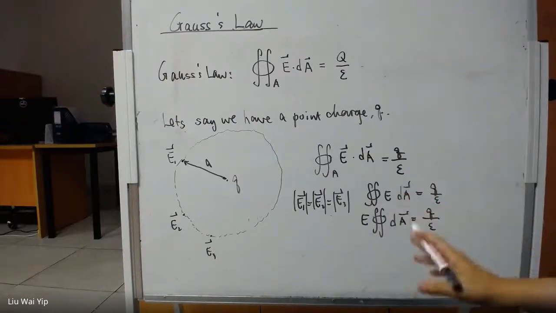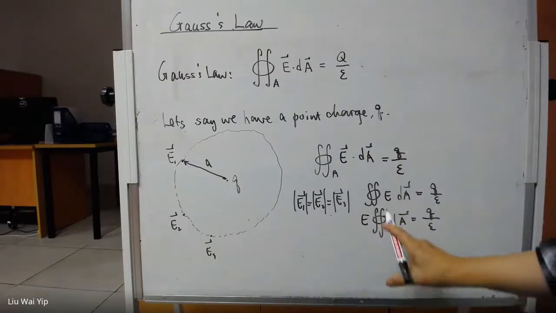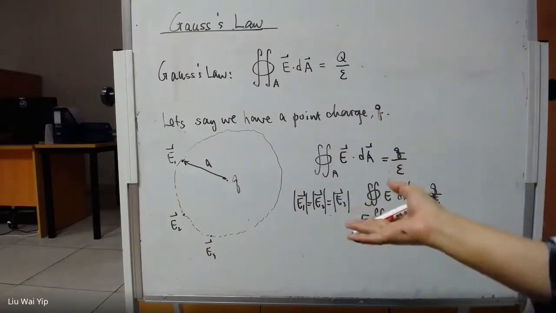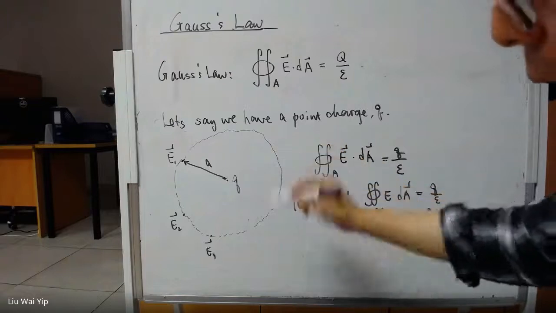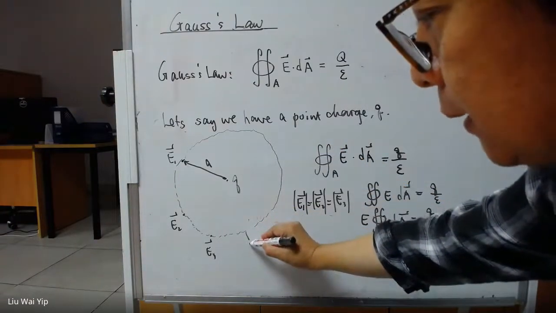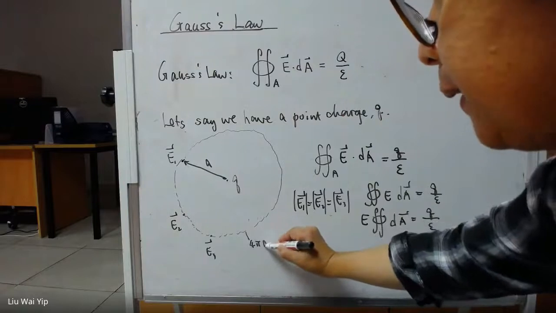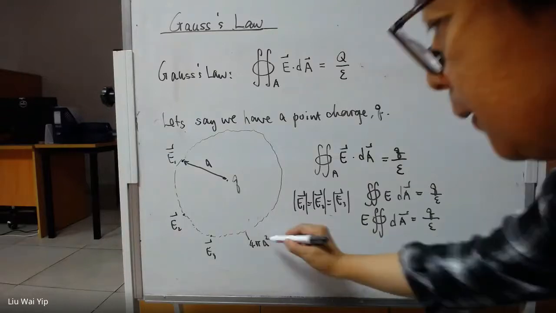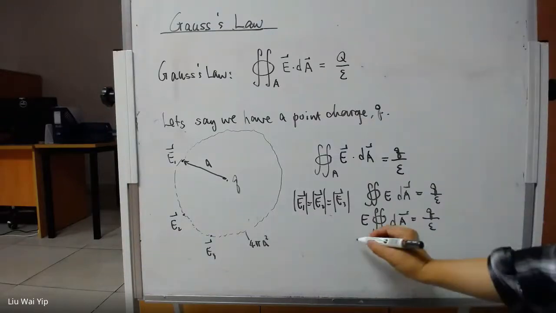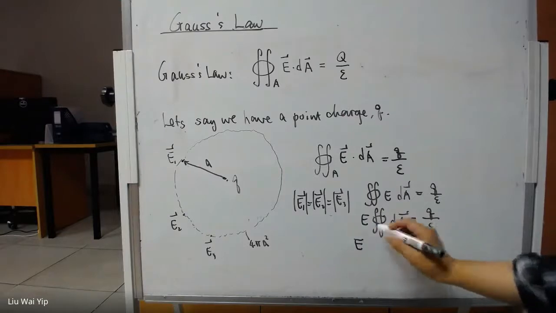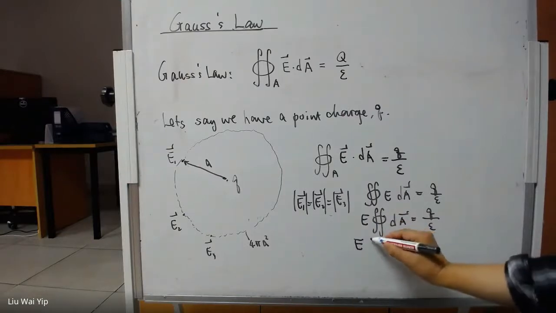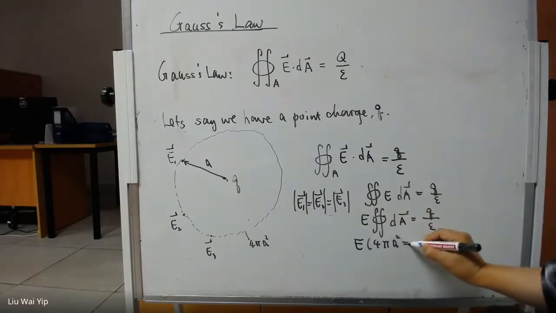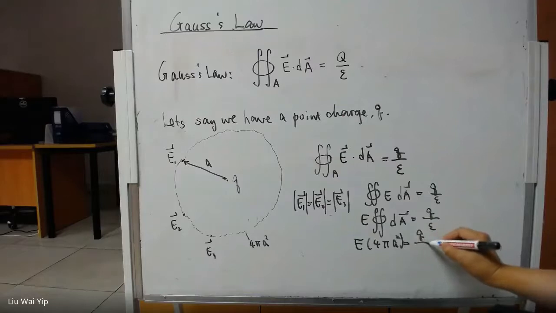The integral of dA is the total surface area of the sphere. The sphere's area is 4 pi a squared. So we can simplify this equation into E times 4 pi a squared equals Q divided by epsilon.